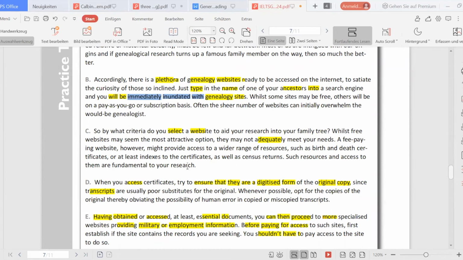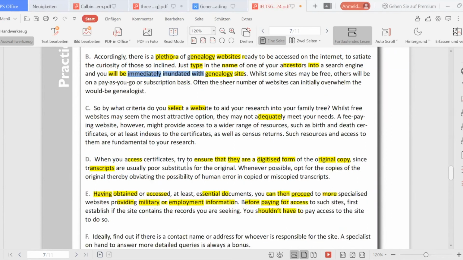You're actually looking for the very first step that you undertake when you are looking for your family information. E says you can then proceed, so that means the first step has already come, having obtained or accessed at least essential documents, you can then proceed.